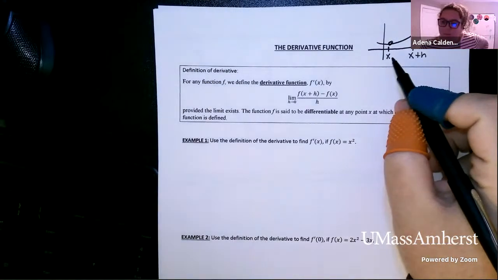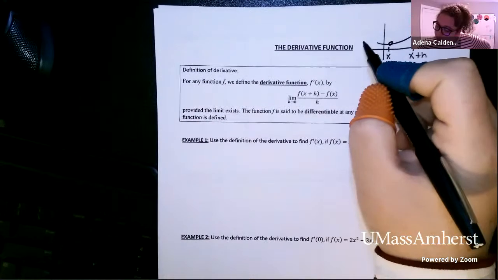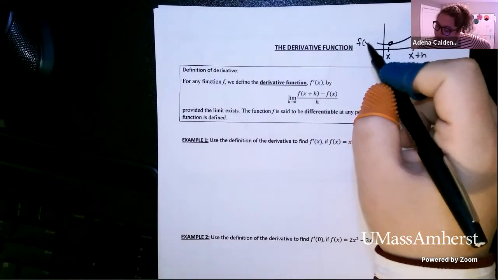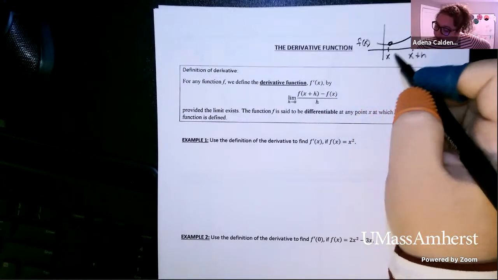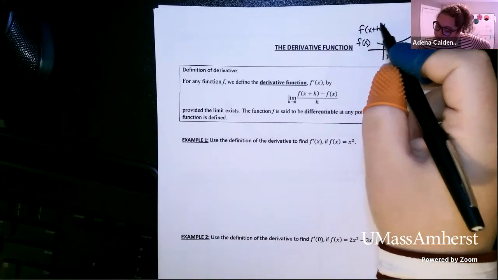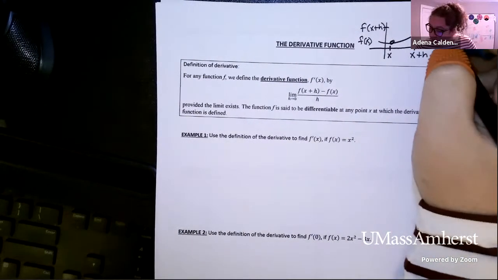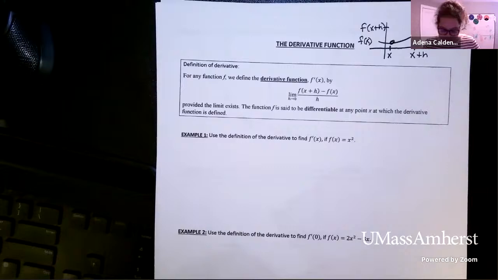So this is just some value, and this is some value plus a little bit. So we can notate the functional value over here as f of x, and this one as f of x plus h, if we were to plug it into our general function here.